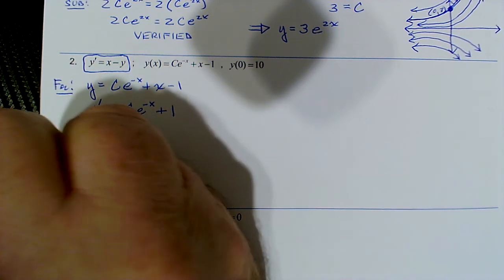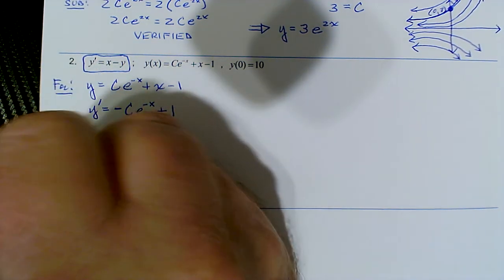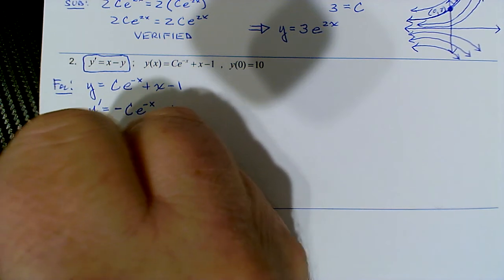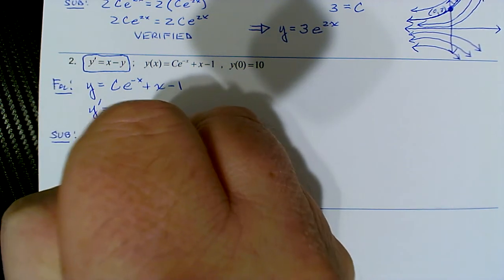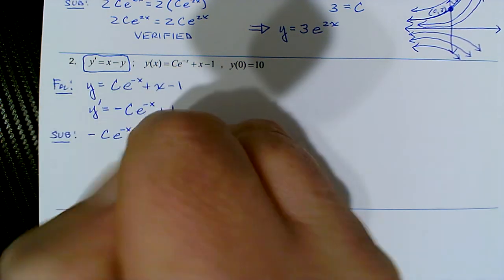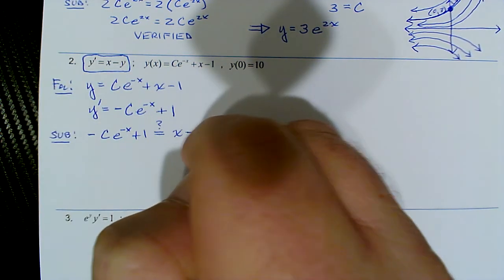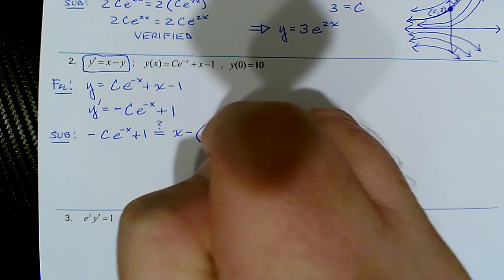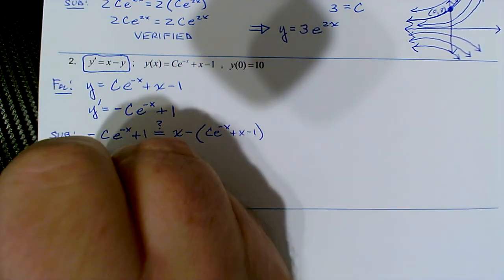So now we make a substitution. We have y prime, minus c e to the negative x plus 1. Is that equal to, don't know yet, x minus the y, which was c e to the negative x plus x minus 1.